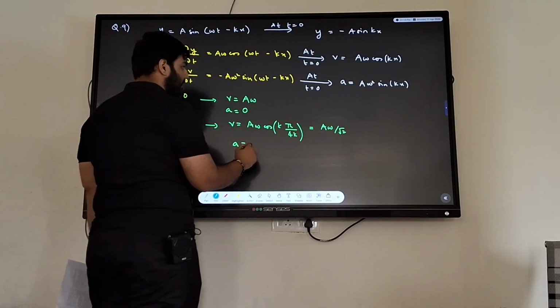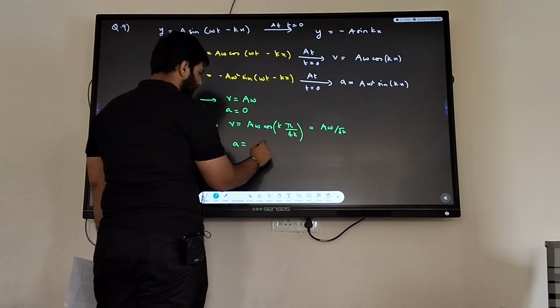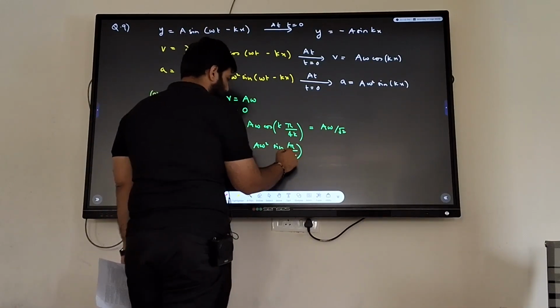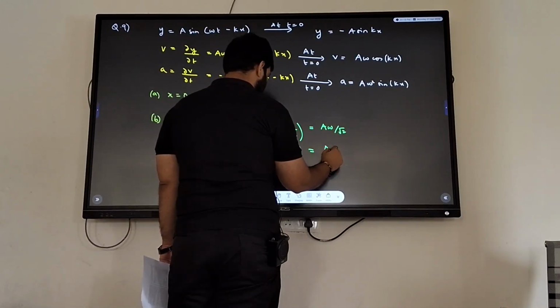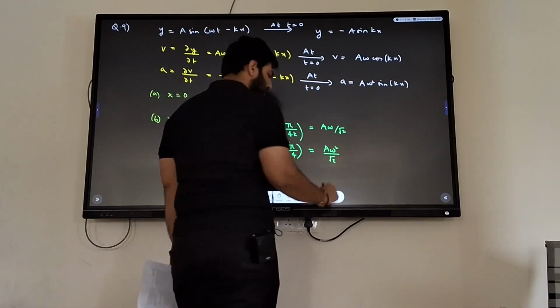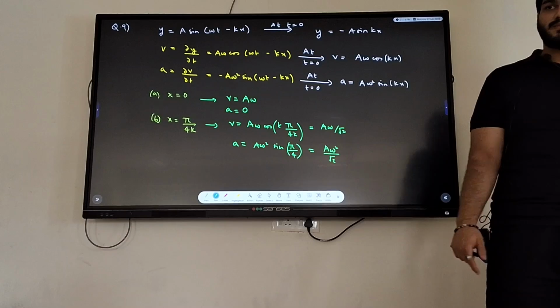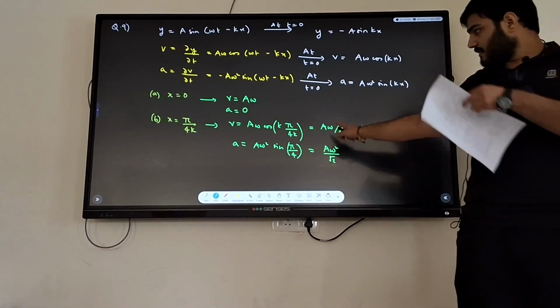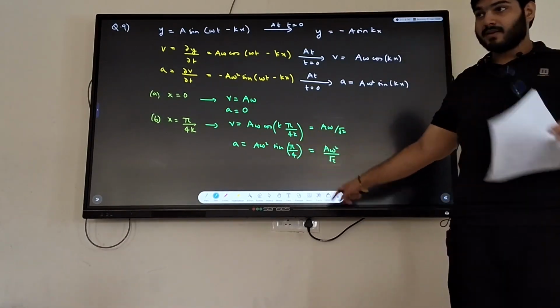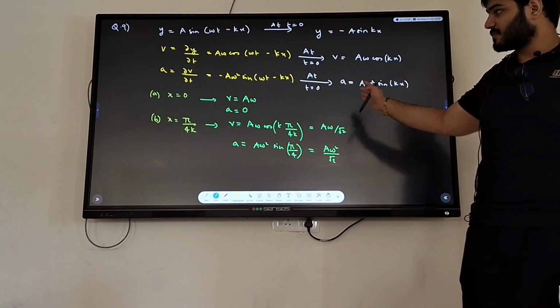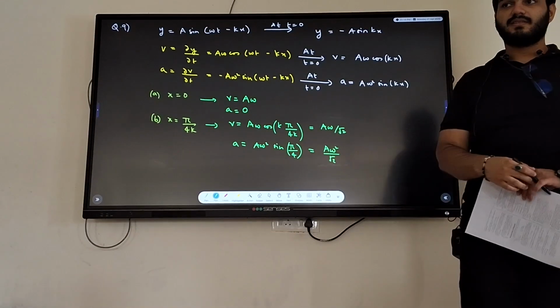What about a? A omega square sine of ये भी pi by 4 हो जाएगा ना basically. A omega square by root 2. Is it speeding up or slowing down? They have the same sign, na? Speeding up. Can you likewise tell me the answers of B, C and D?